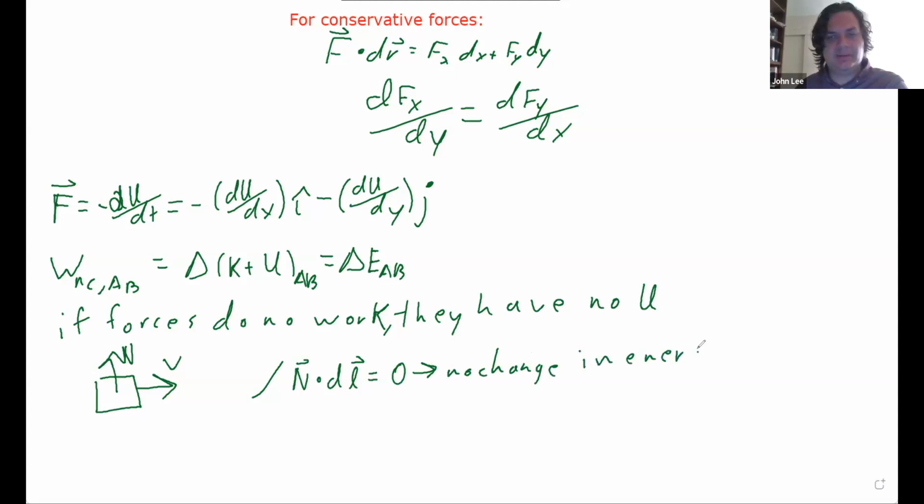So this might seem kind of pointless right now, or like a no-duh thing, but it is something that comes up when we're talking about magnetic forces, because magnetic forces are always going to be perpendicular to the direction of velocity. That means that they do no work.